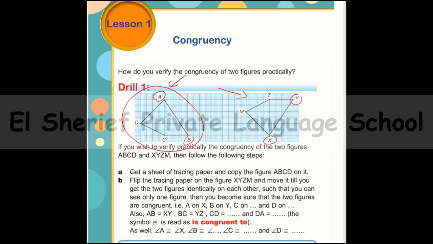Then you become sure that the two figures are congruent.